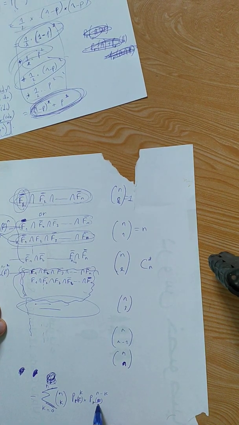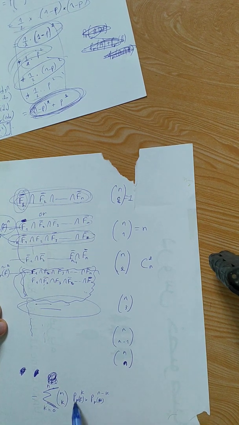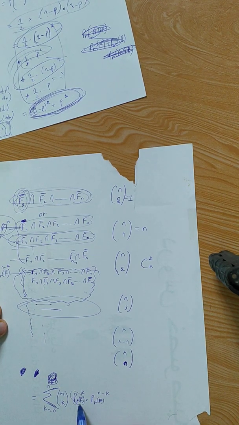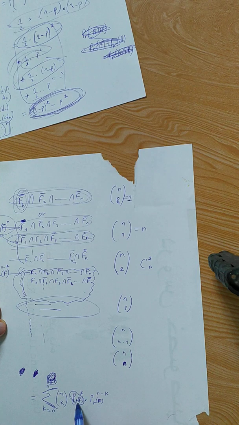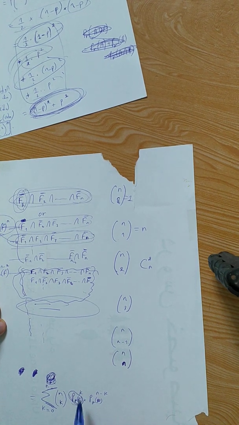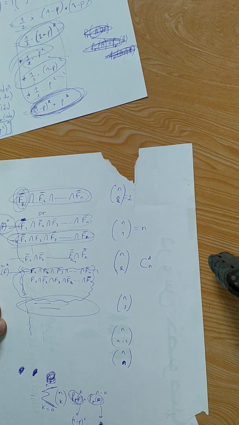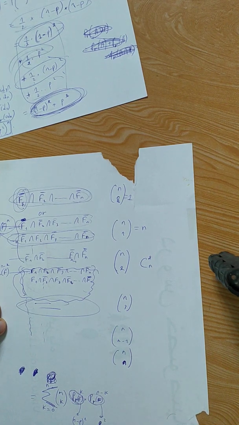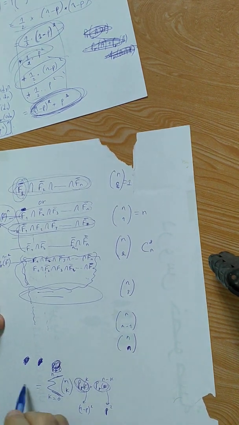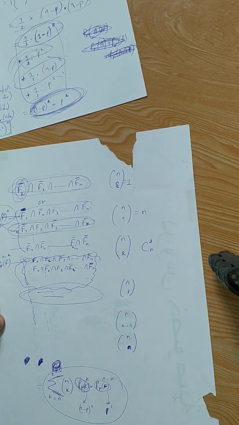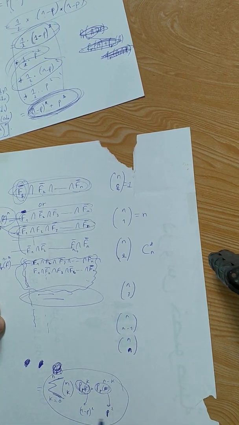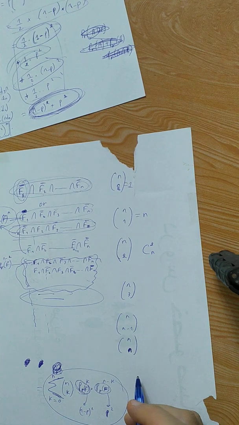And the probability of f bar, yeah, is 1 minus p squared, and the probability of f is p squared. Okay, and this is what we are looking for. And for this thing, we have a beautiful formula.